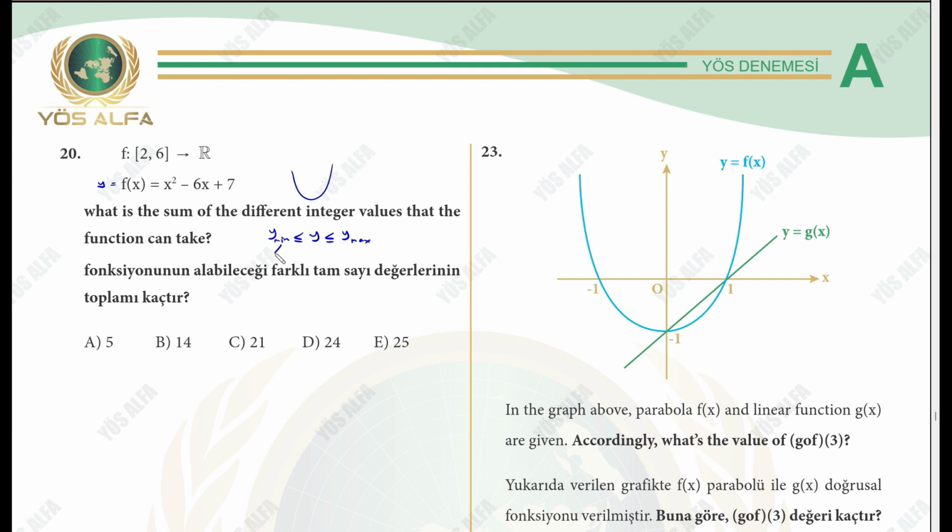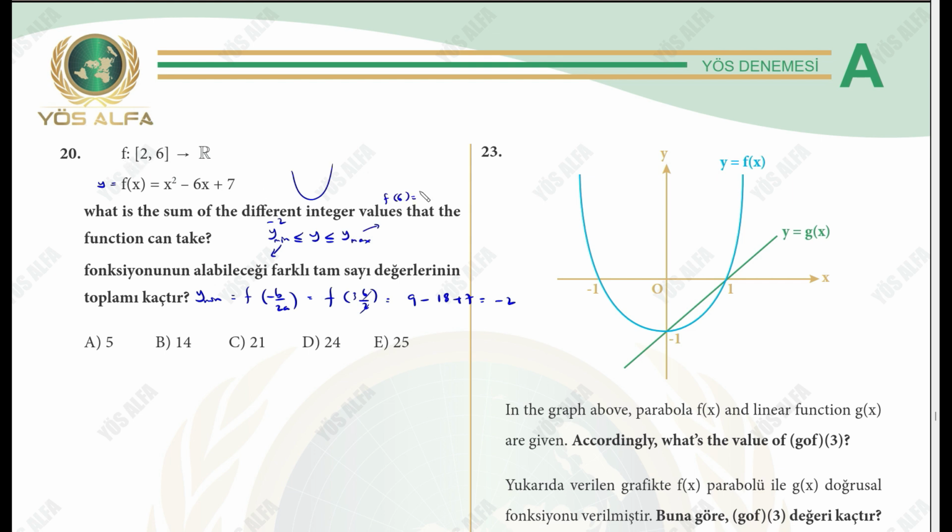To find the y minimum, we know that we can find f of minus b over 2a, which is f of 6 over 2, which is f of 3. So f of 3 is 9 minus 18 plus 7, which is minus 2. So our y minimum is minus 2. How do we find y maximum? Y maximum in this range is f of 6.